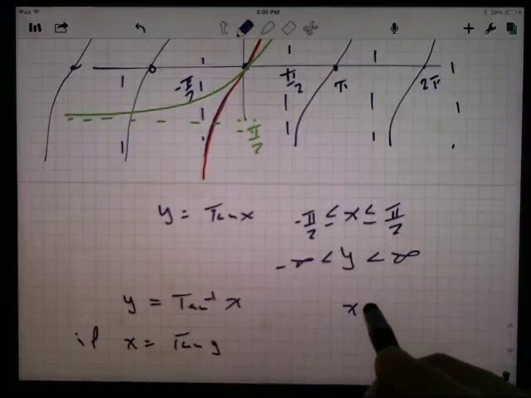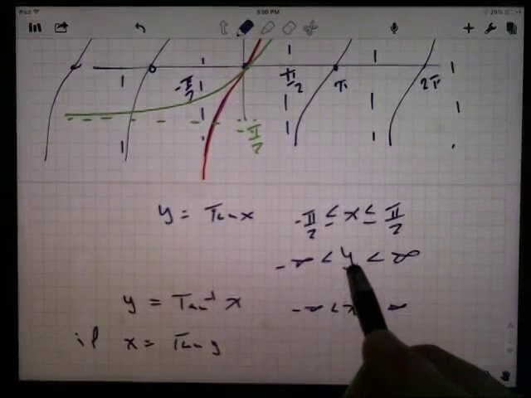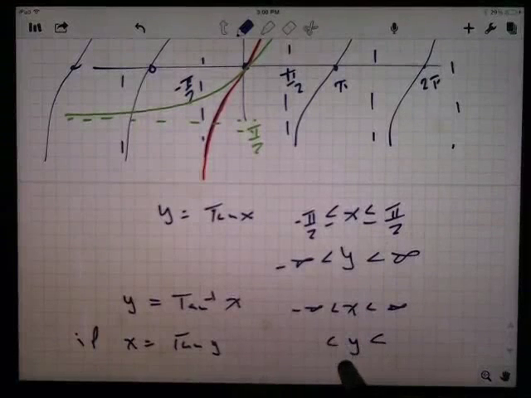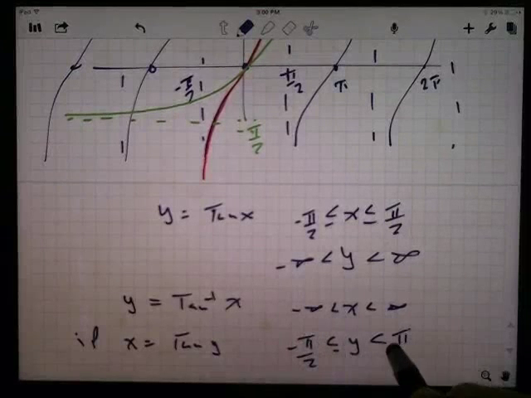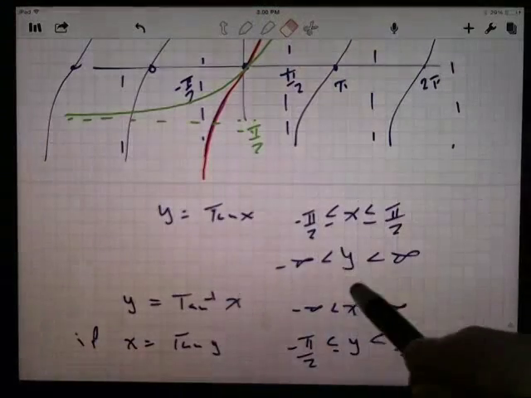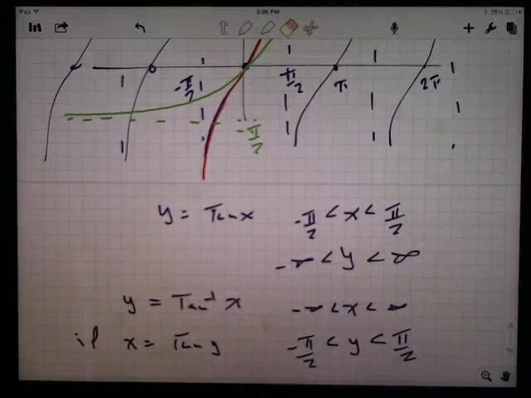The x value now could be anything you want, from minus infinity to infinity. The range of y now becomes the domain of x, and y is restricted to being between minus pi over 2 and plus pi over 2. I'm putting equal signs in here, but it never actually equals pi over 2 because of those asymptotes, so those are all strictly less thans.